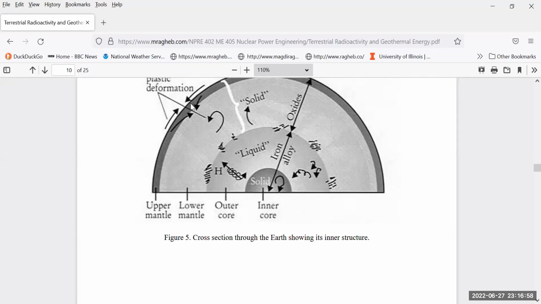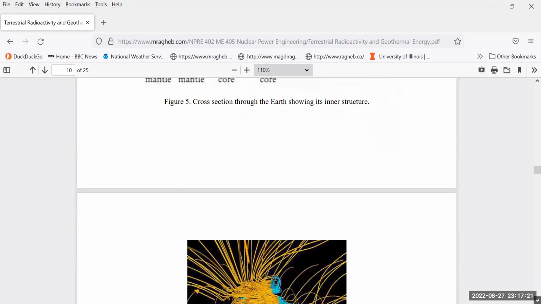Notice that earthquakes and volcanoes really occur at the very, very top of the crust, the surface. It is identified that the upper mantle and the lower mantle are basically metal oxides. The liquid outer core is an iron alloy, and the core in the center is solid iron and nickel.